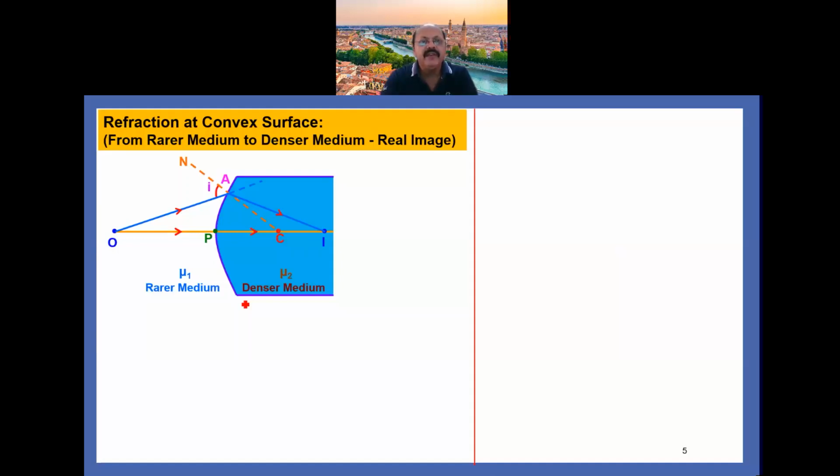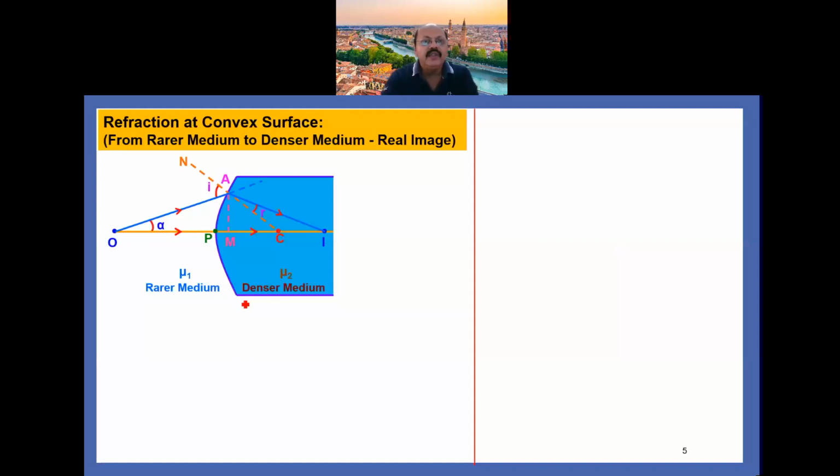Since it is the refraction from rarer to denser, the refracted ray AI, which bends towards the normal, makes an angle r and meets the first ray at point I. Then I is the real image of the point object O. Now we drop a perpendicular on the principal axis from point A, that is AM.